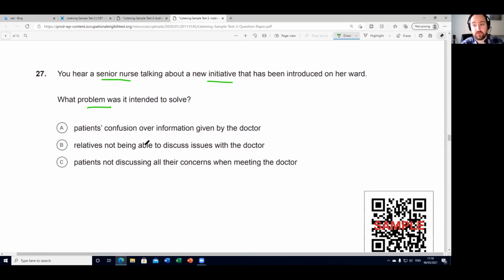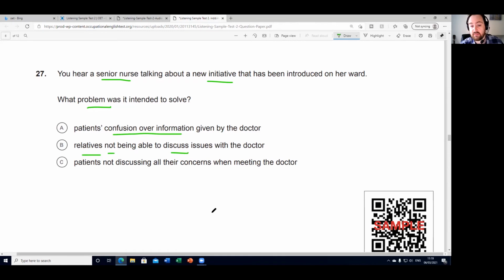It's still useful, even though we think it's a gist question, to identify the key message in each option, because that's going to help us get the correct answer. So in A, patient's confusion over information given by doctor. So I think here, confusion over information is key. B, relatives not being able to discuss issues with the doctor. So relatives and not discuss.